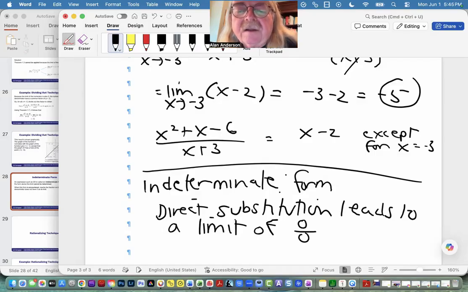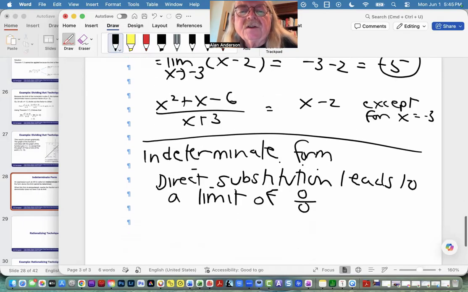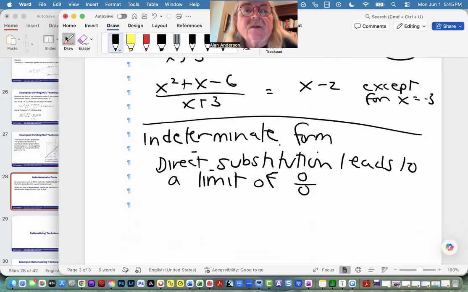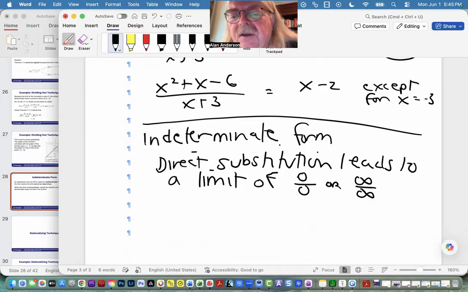Now, I do want to point out there's more than one indeterminate form. You could, for example, and we'll see this later on, also potentially run into infinity over infinity, and that would also be considered indeterminate. But the way you resolve this could be different. The word indeterminate simply means something really bizarre, like 0 over 0 or infinity over infinity.